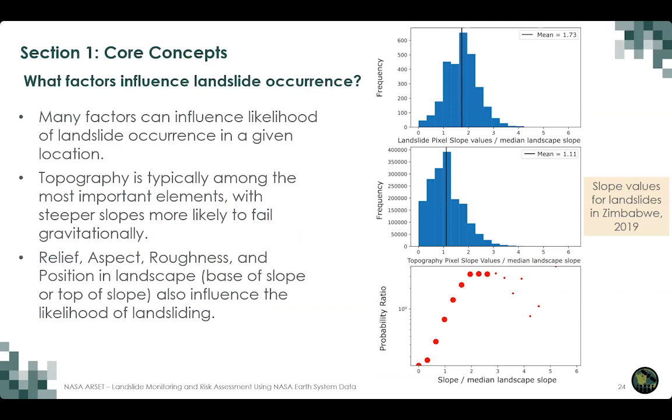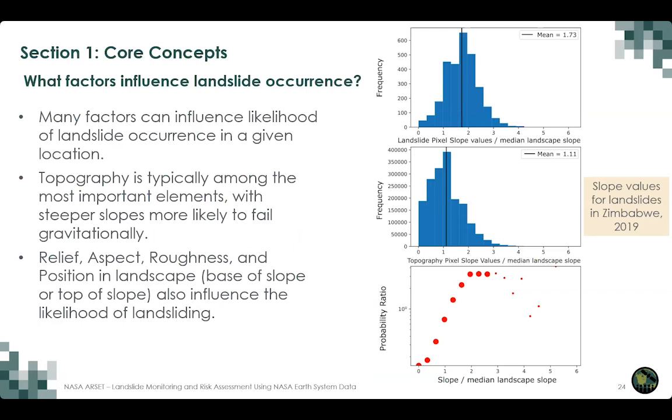We're looking at the slope in each pixel based on a digital elevation model and comparing it to the average across that landscape. For landslides, we can see on the top level that the slope is slightly higher than the landscape average. And then the middle is the average topography itself. So you can see that in general, the slope is lower than at the landslides themselves.